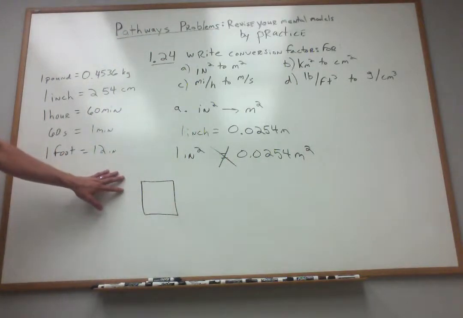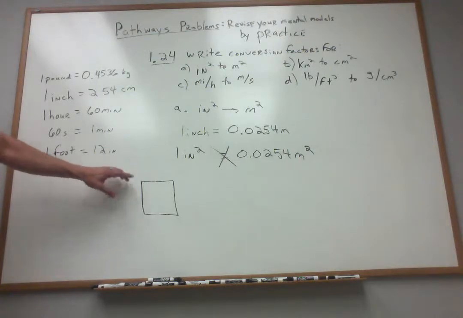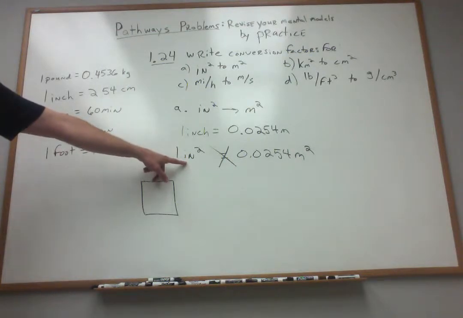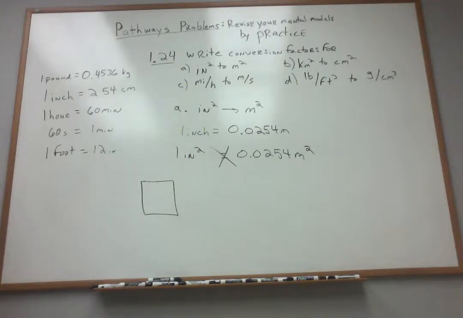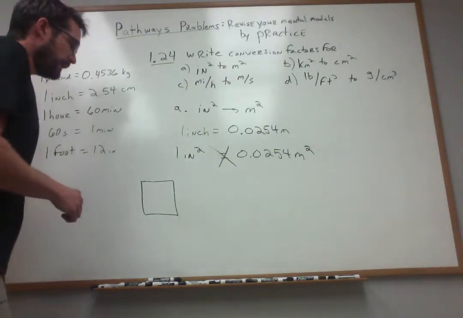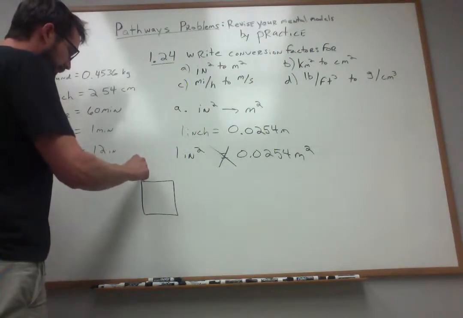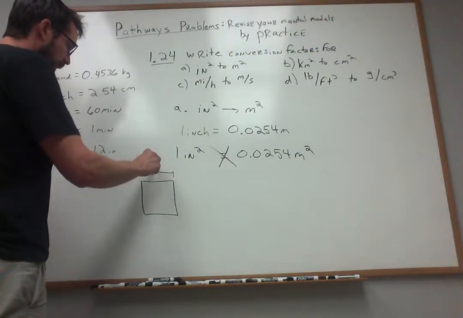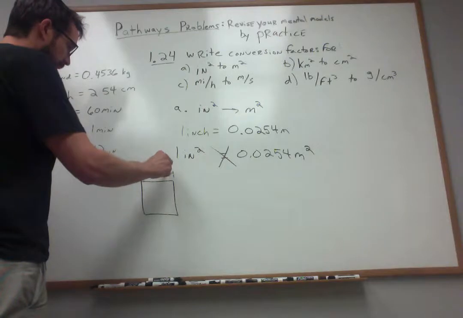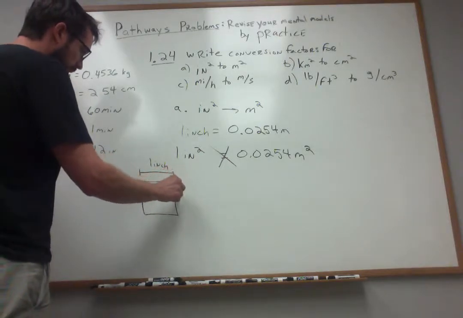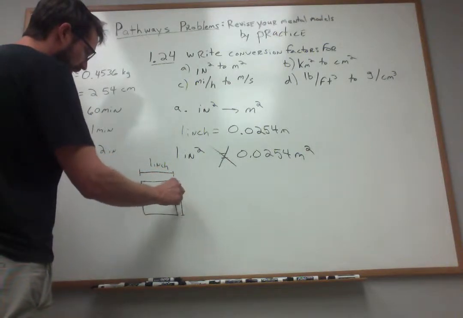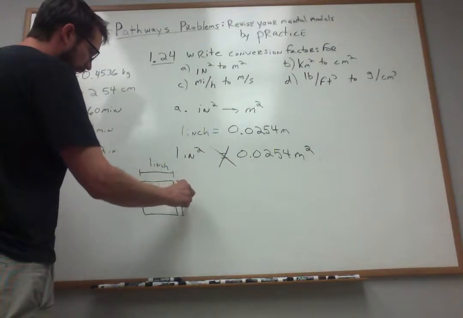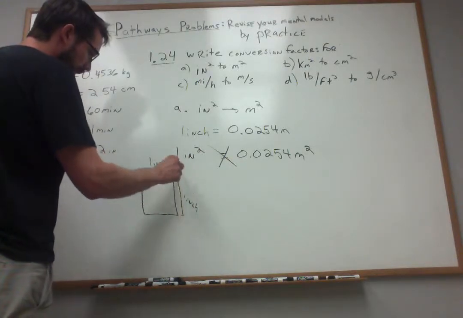In this case, it's a box or a cube, because that's what I'm really measuring here. Surface area, inches, meters squared. Think about this cube. Let's give it some dimensions. Let's say it's 1 inch wide, and also exactly, it's not a cube, it's a square, 1 inch tall.